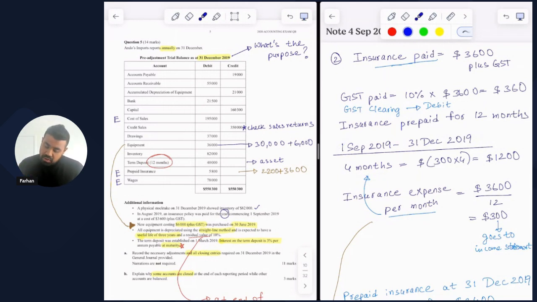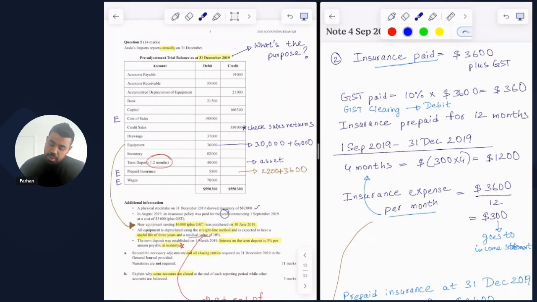Given that the annual insurance is $3,600 excluding GST, the monthly insurance that we expect to consume or expense would be $3,600 divided by 12, which is $300. In 4 months, we are consuming $300 per month multiplied by 4 months, and that would be $1,200 of insurance expense that has been consumed from the insurance, which was prepaid on the 1st of September, and that was $3,600.